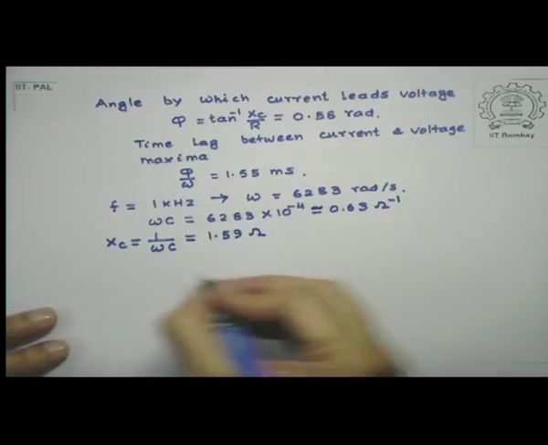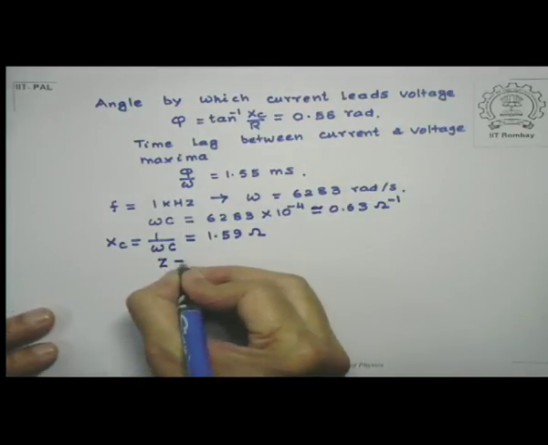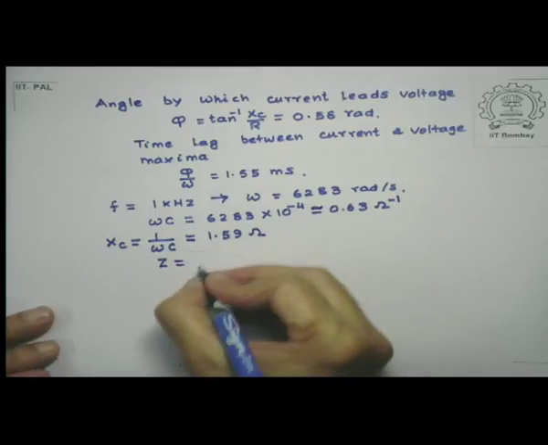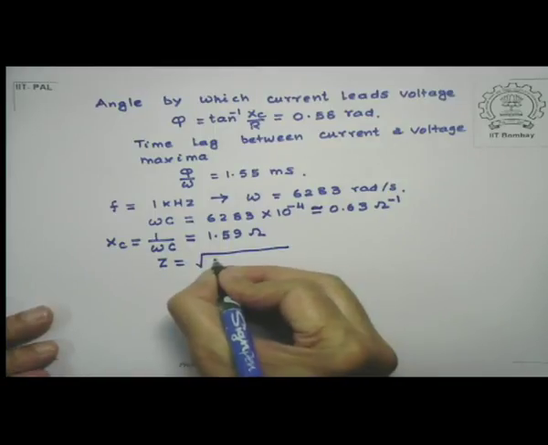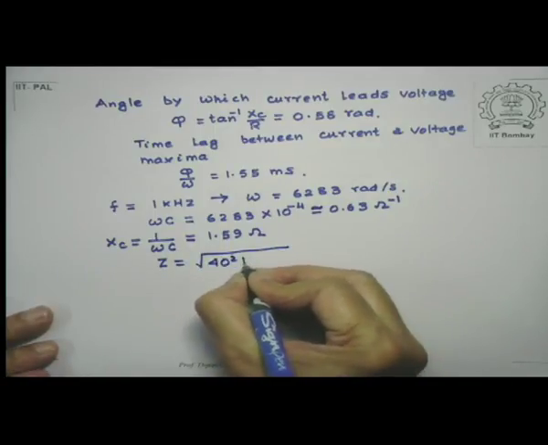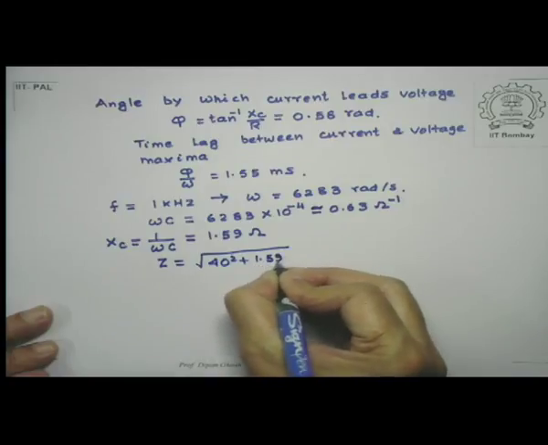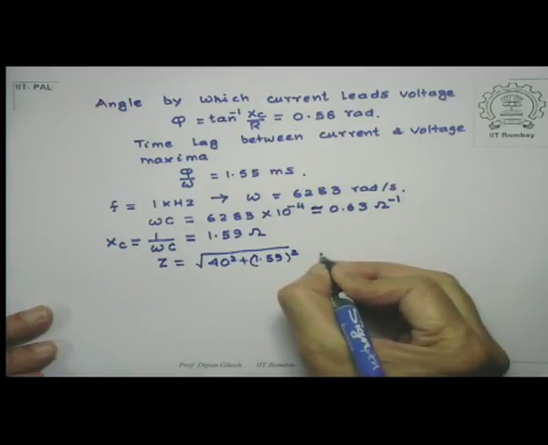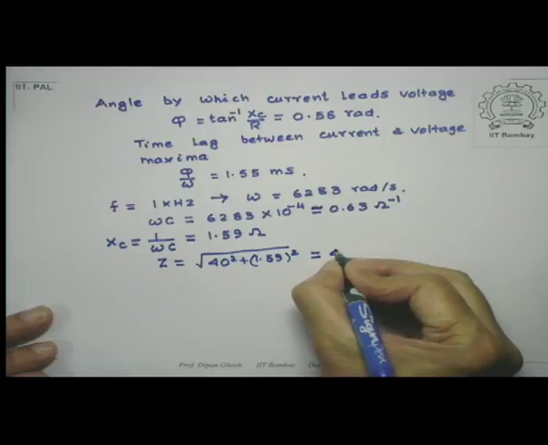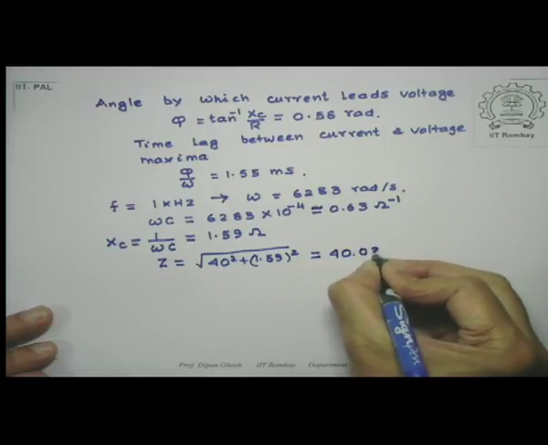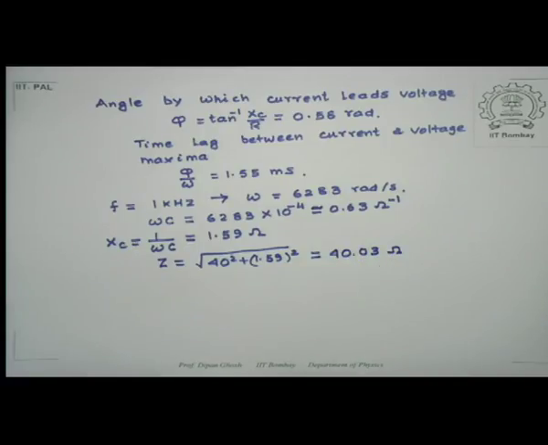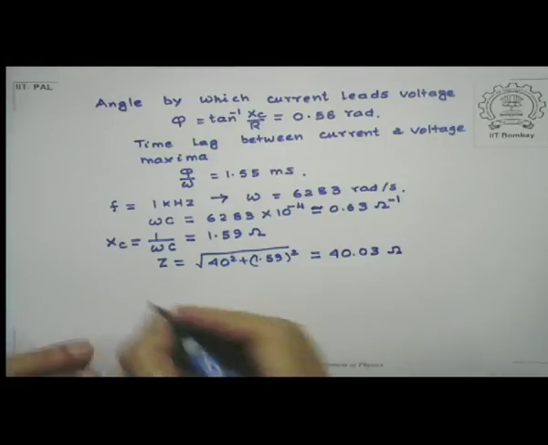I can calculate the impedance Z because the resistance is 40, so square root of 40 square plus 1.59 square, and that works out to about 40.03 ohms.